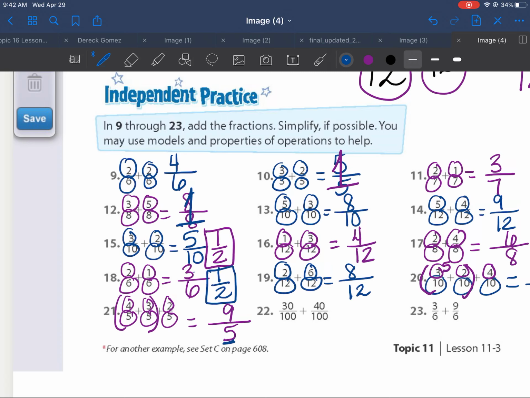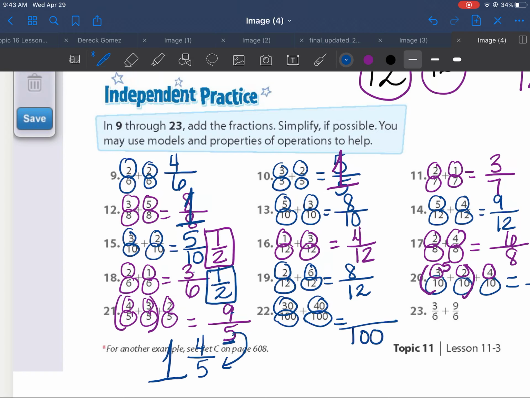So we can make it into a mixed number. 5, how many times can he go into 9? 5 times 1 is 5. 5 times 2 would be 10. So 2 is too big, so it can only go in once. So now I'm going to subtract. 9 take away 5 is 4. Denominator stays the same.